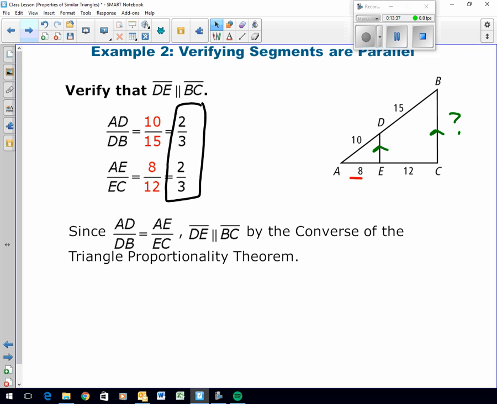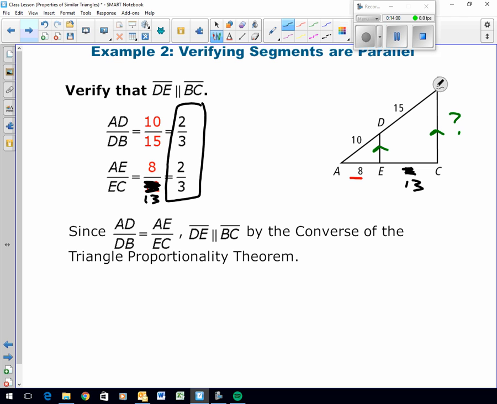Also notice this. What if I change this 12 to 13? It's not going to take a genius. But I'll call on you, Mr. Patrick. Is 8 over 13 going to be the same as 8 over 12? No. Very good.